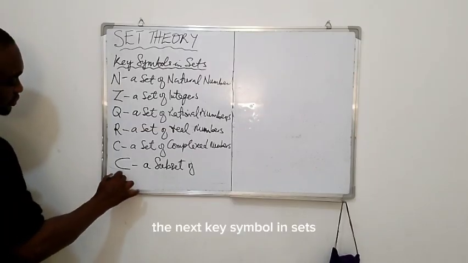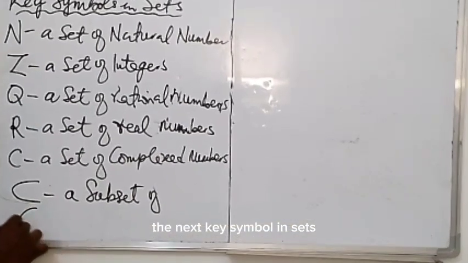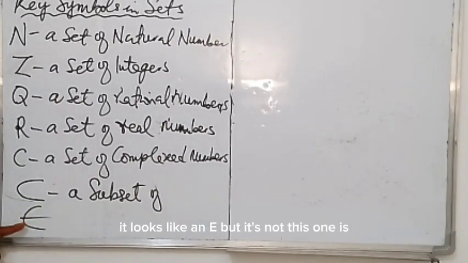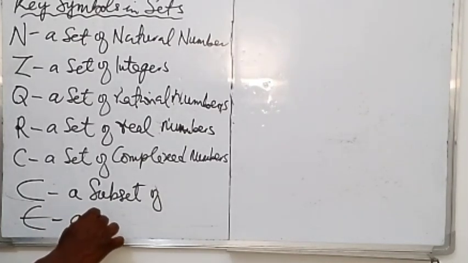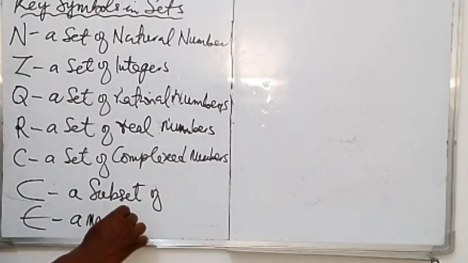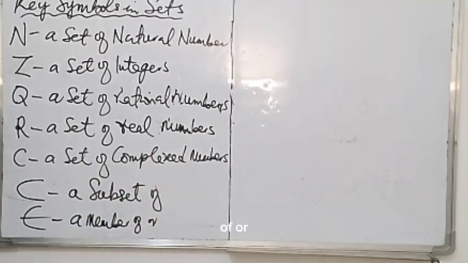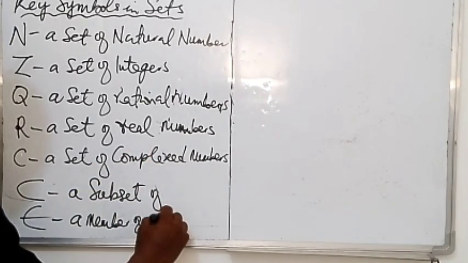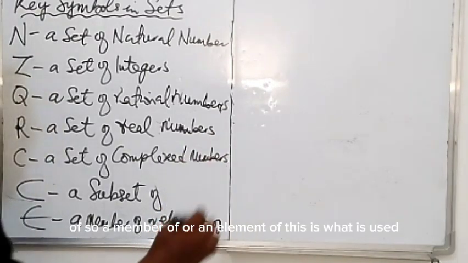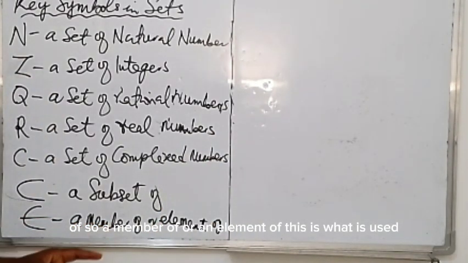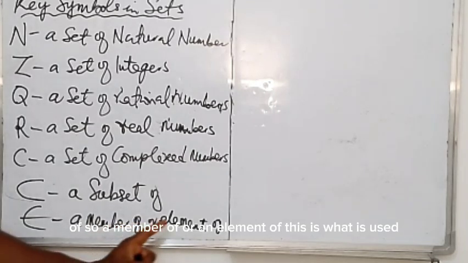The next key symbol in sets, it looks like an E, but it's not. This one is a member of or element of. So a member of or an element of.